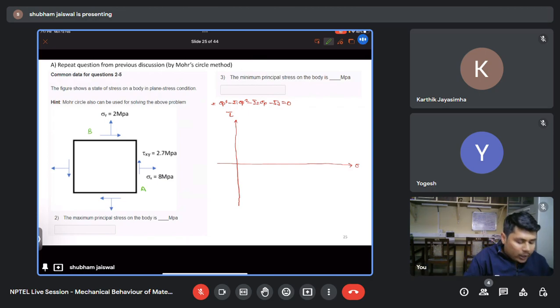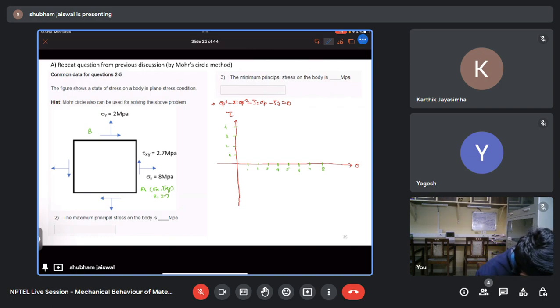So at A, I have sigma x comma tau xy, and sigma x is 8 comma 2.7. So let's say this is 1, 2, 3, 4, 5, 6, 7, and 8. And here it is, let's say 1, 2, 3, and 4. So now my first point is 8 comma 2.7.